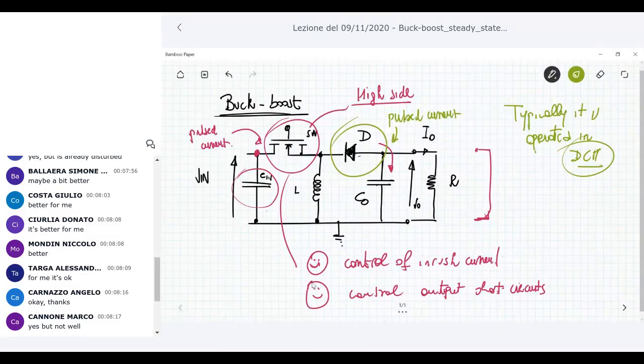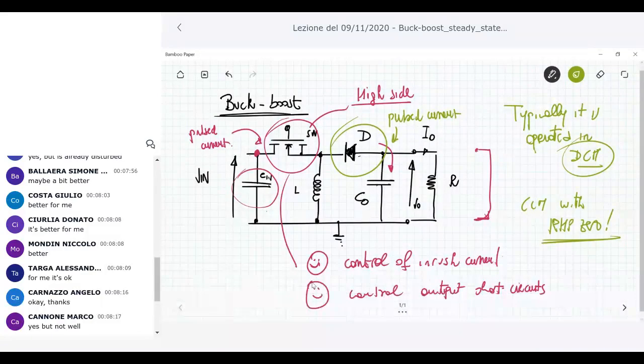The buck boost in CCM has a loop gain with what is called a right half plane zero. And when you have a transfer function having a right half plane zero, you are reducing your phase margin, and so that means that you can easily go into instability.